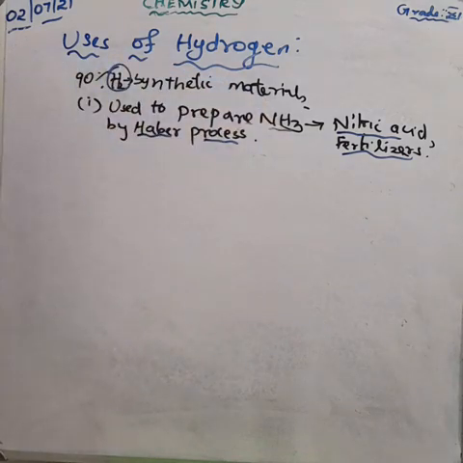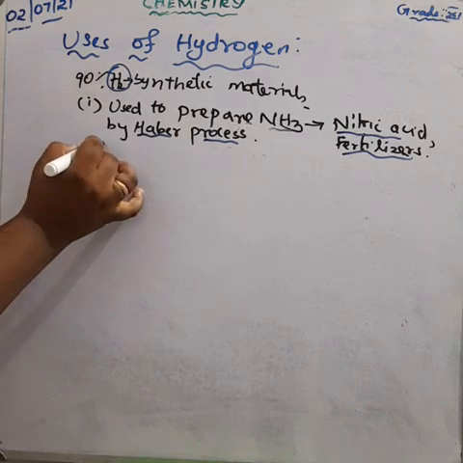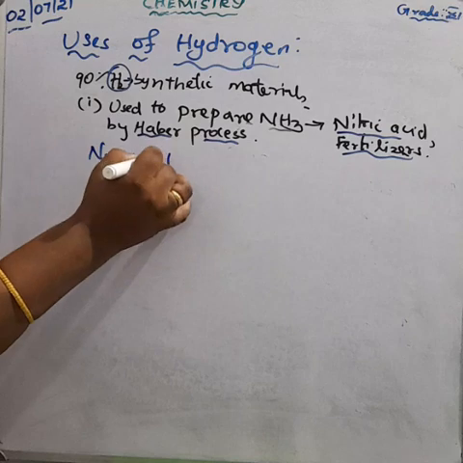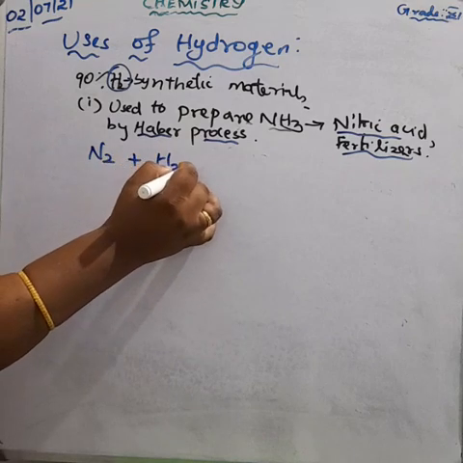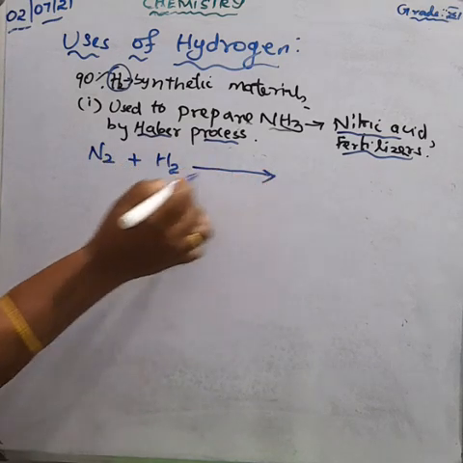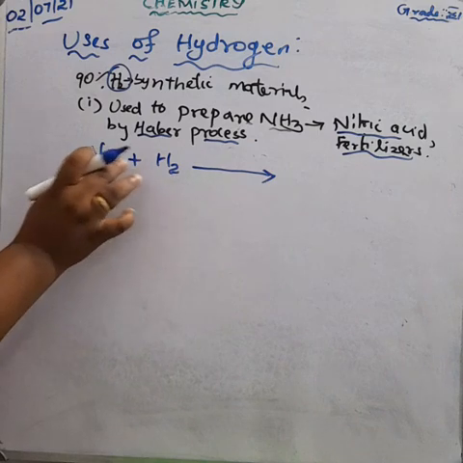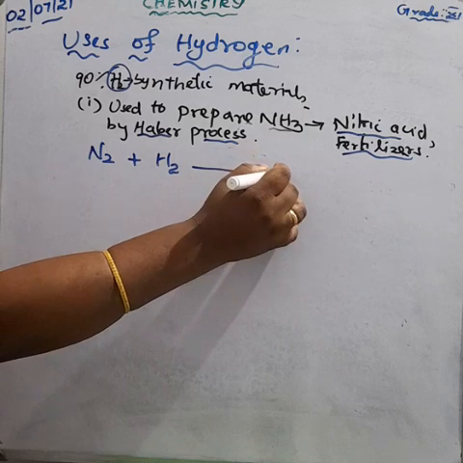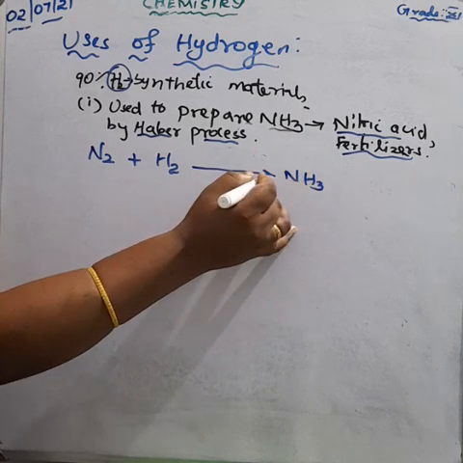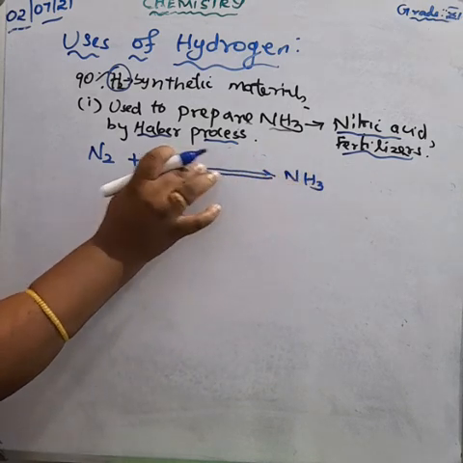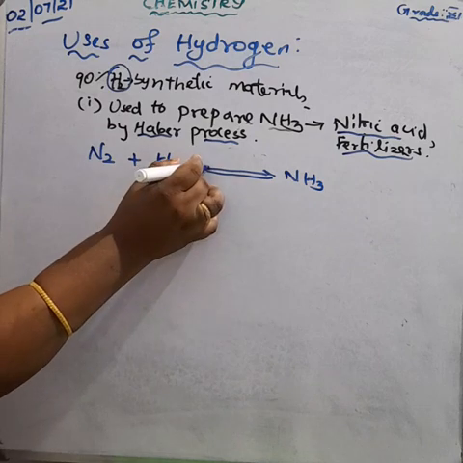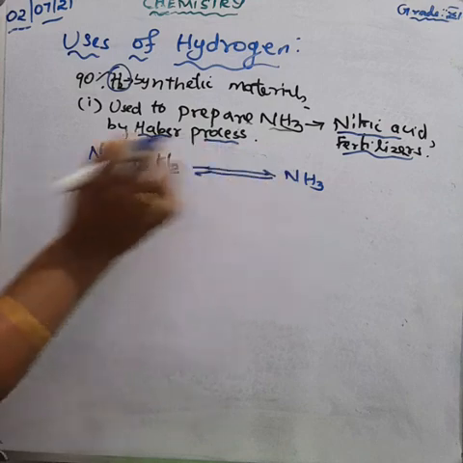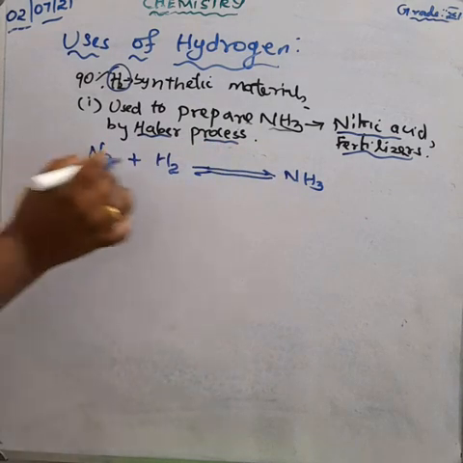What is the formula for nitrogen? N2, nitrogen gas. It combines with hydrogen. Hydrogen, what is the formula? H2. N2 plus H2 gives NH3. We get ammonia. What is the formula for ammonia? NH3. Remember. This process is known as the Haber process.